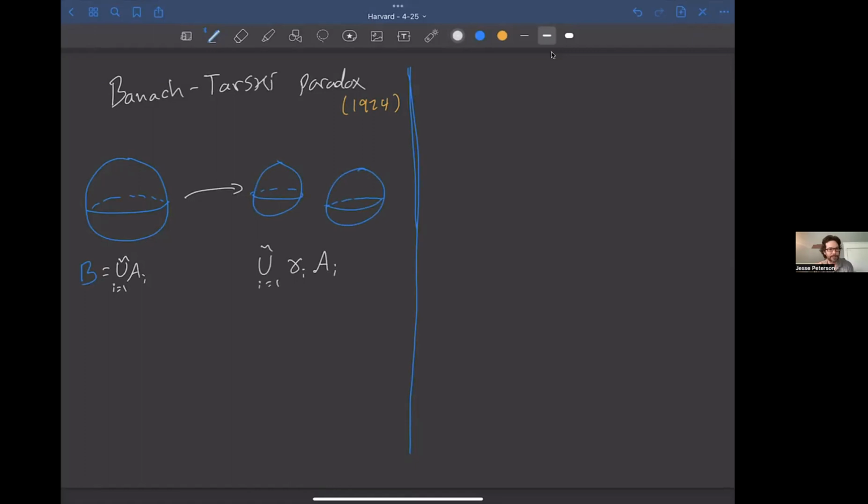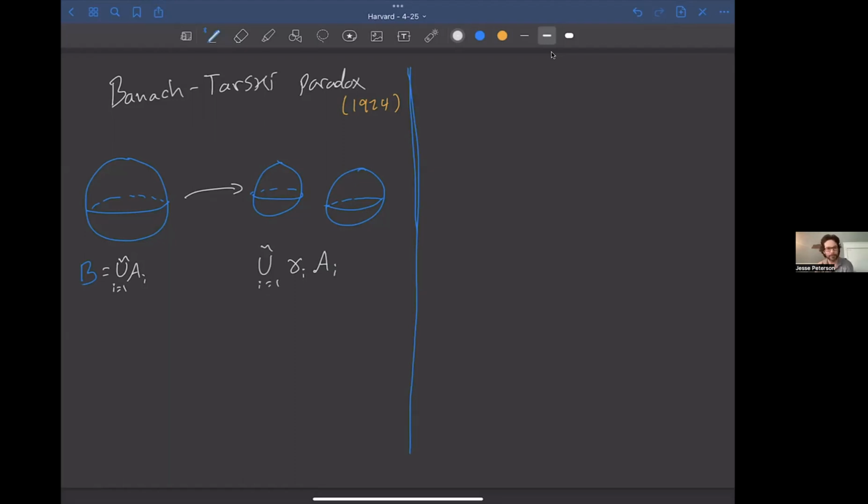And this is very paradoxical because intuitively you think that Euclidean motions should preserve volume, and yet here we seem to be creating matter out of nowhere, which is pretty remarkable.